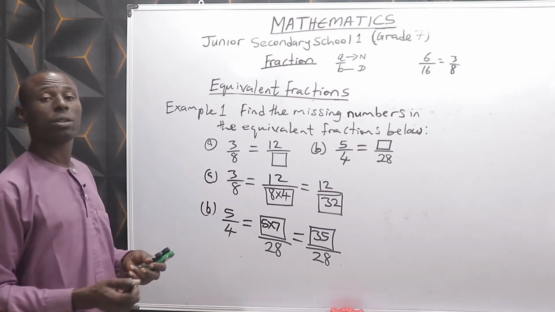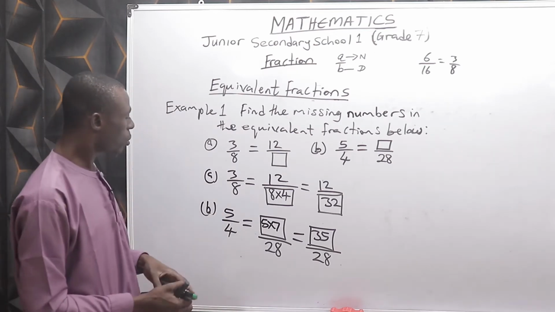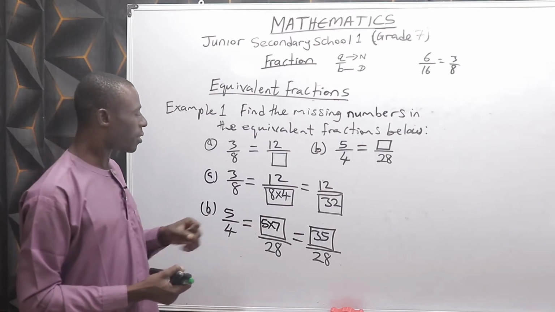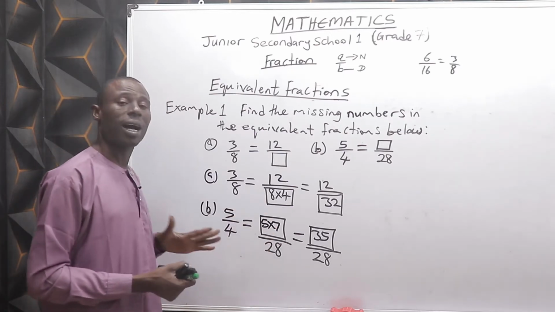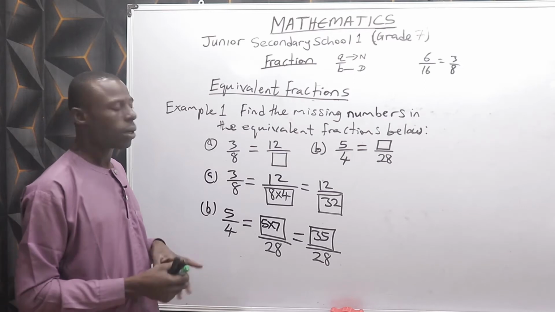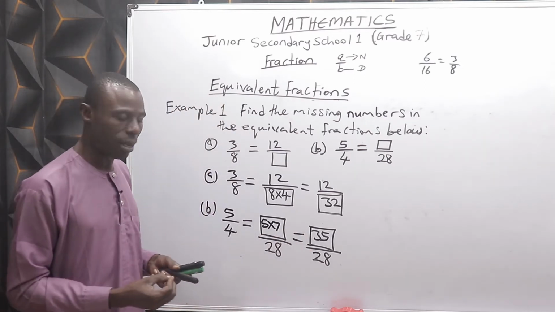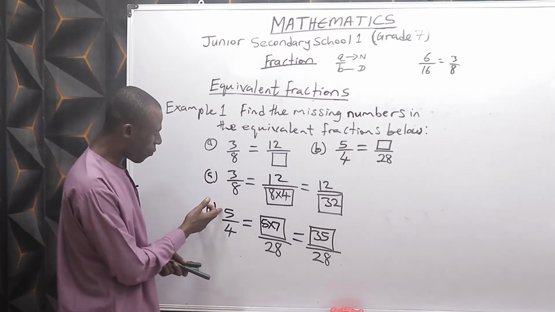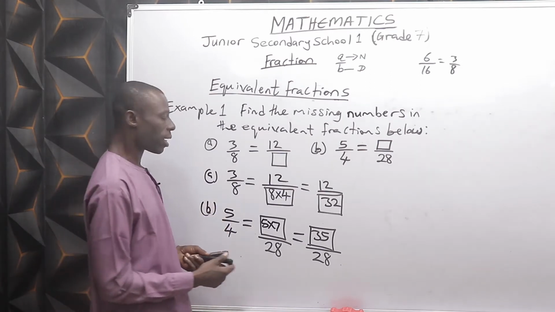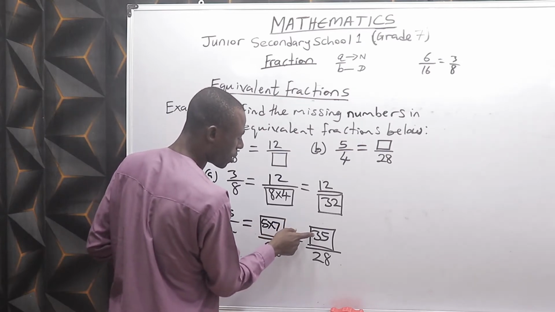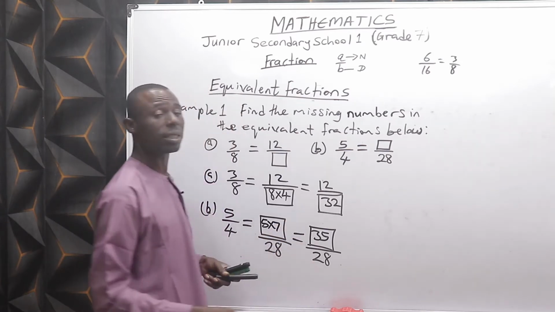Once again, do I need to convince you to believe that 35 over 28 is the same as 5 over 4? If you reduce 35 over 28 to the lowest term, you will discover it will give you 5 over 4. Let's try. What is the common factor between 35 and 28?